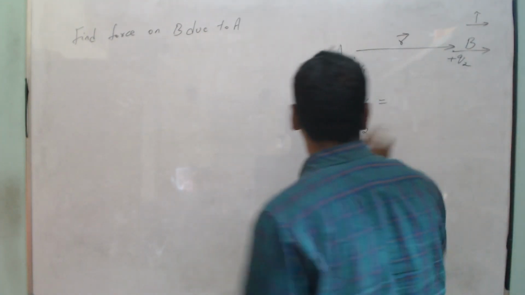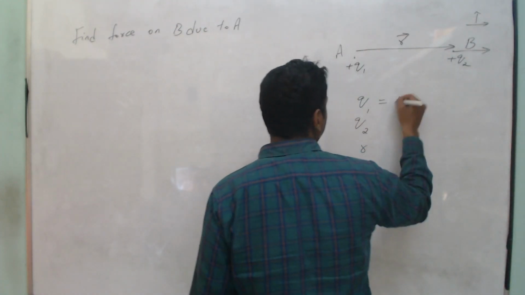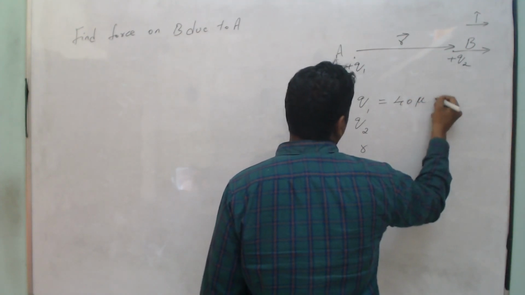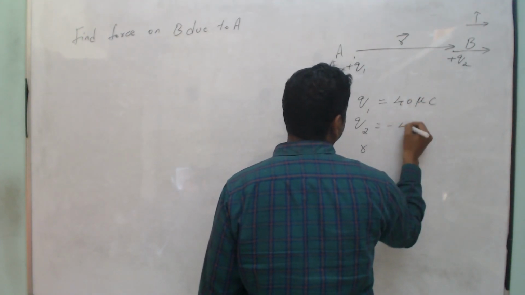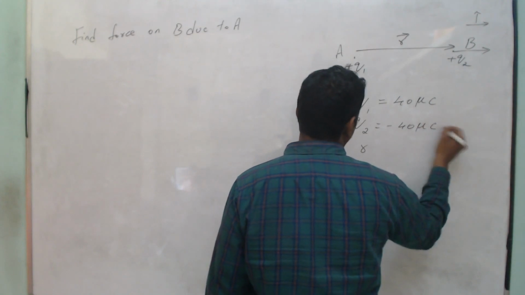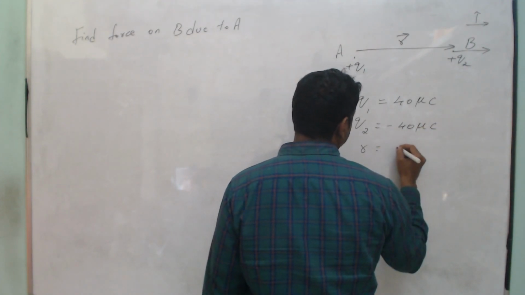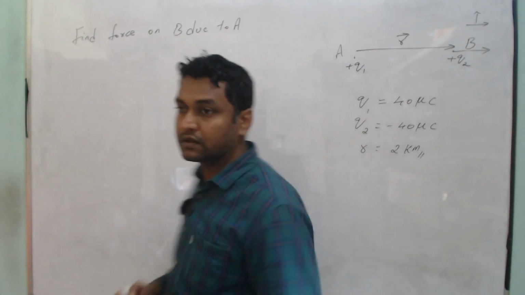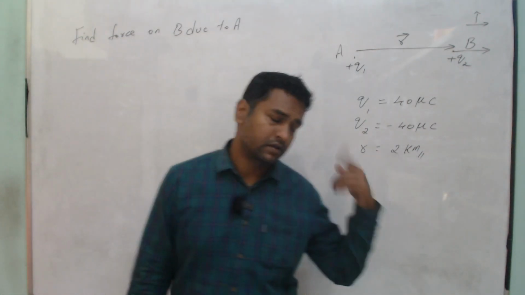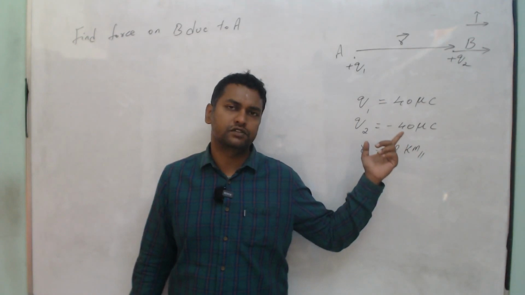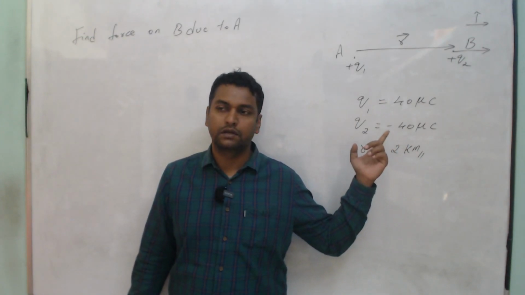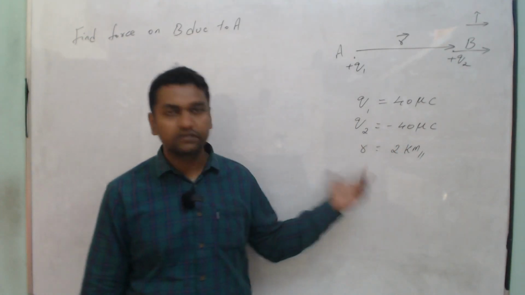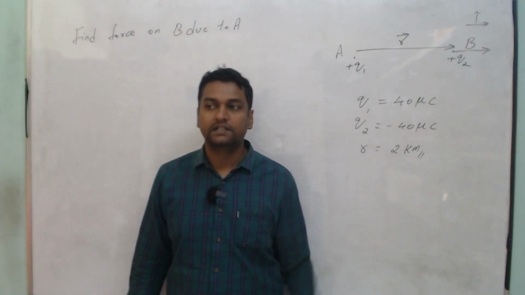So let's take Q1 is equal to 40 microcoulomb, Q2 is equal to minus 40 microcoulomb, and R is equal to 2 kilometers. And by the way, the answer of the previous question you said was minus I cap. So here we'll get minus I cap, right? Yes, sir.